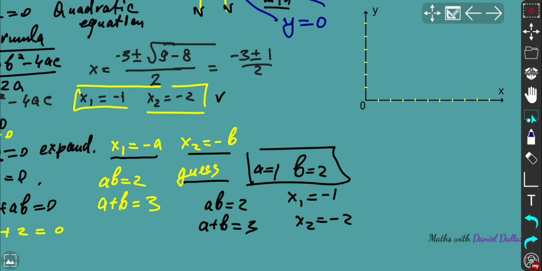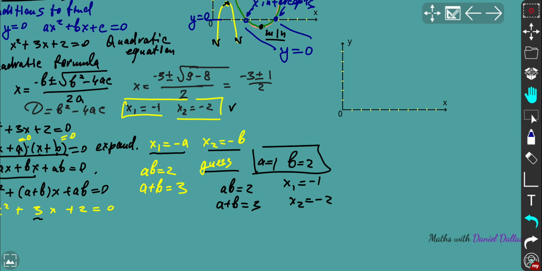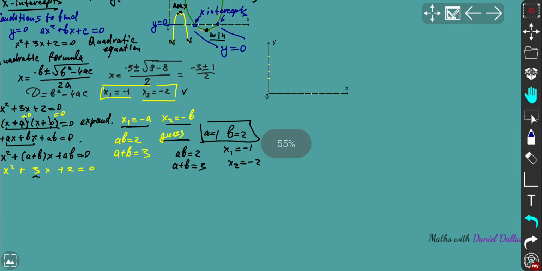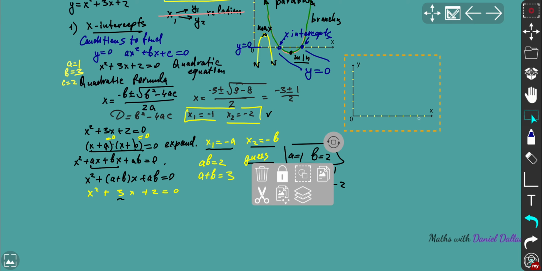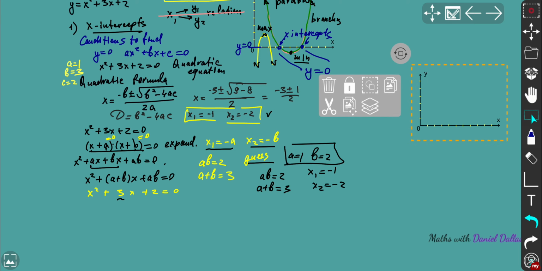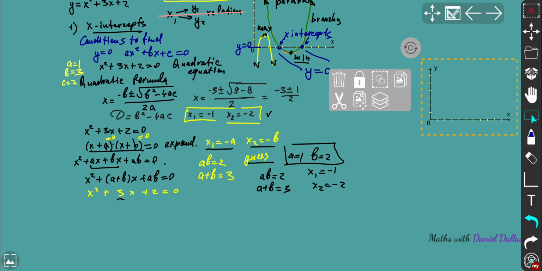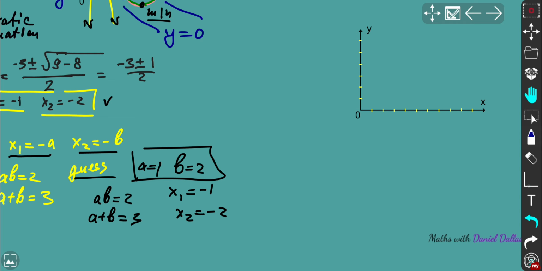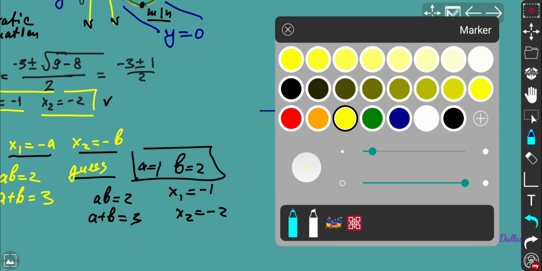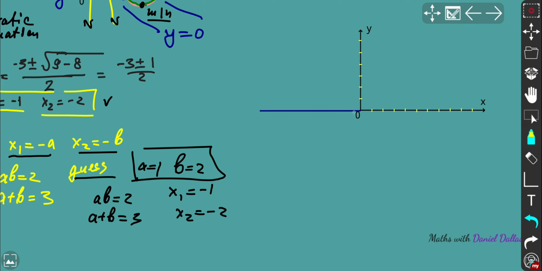Actually, I think that I need to redraw this one, because I need to have more space right now. Set up here. Yeah, that will be good. Now I'm just going to extend a little bit to have the values that we get, -1 and -2.